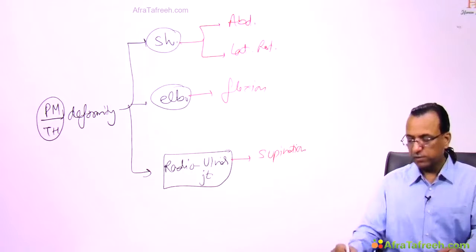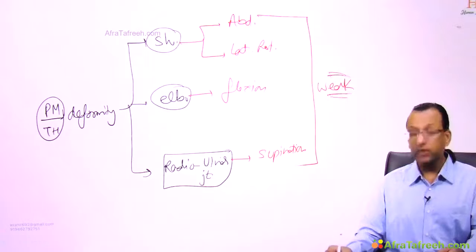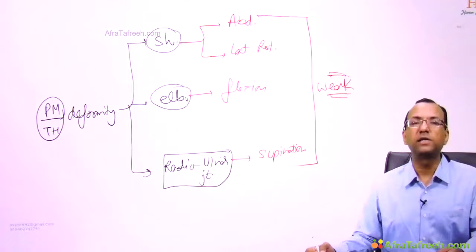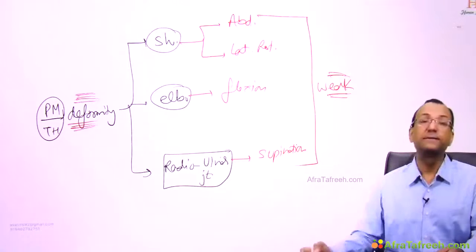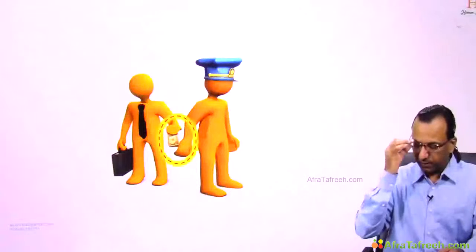So these movements have become weak, and because these movements have become weak, the other muscles and other movements will become more powerful, bringing the deformity, and that deformity is called policeman tip hand deformity. Somebody saw police people taking money like that. Why do they take money like that?